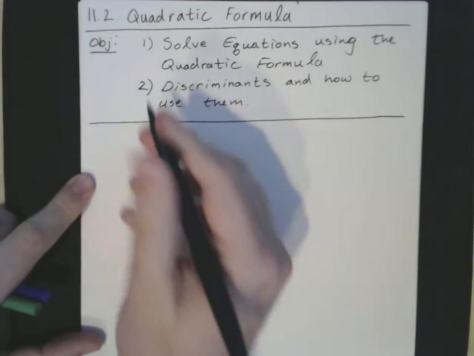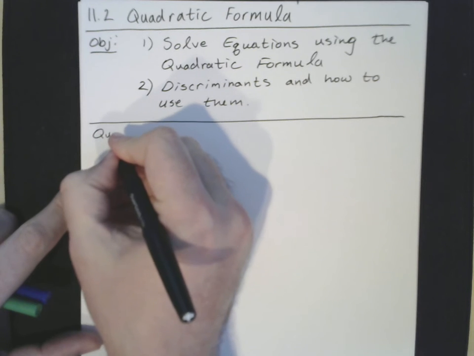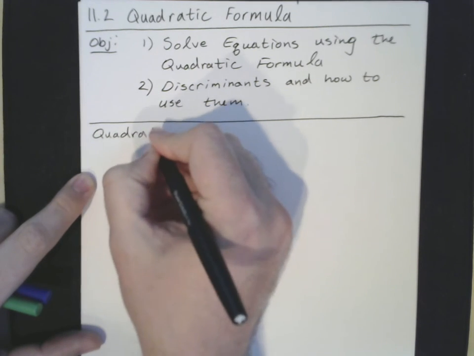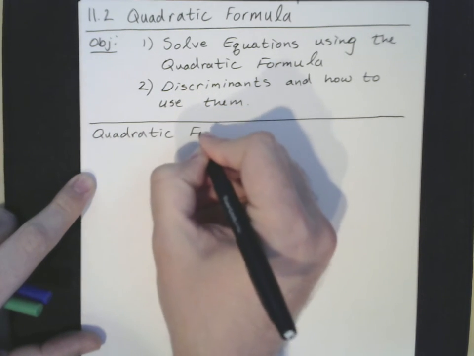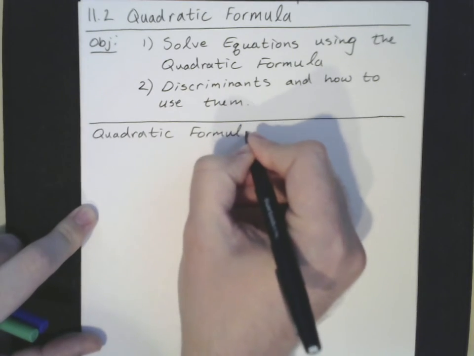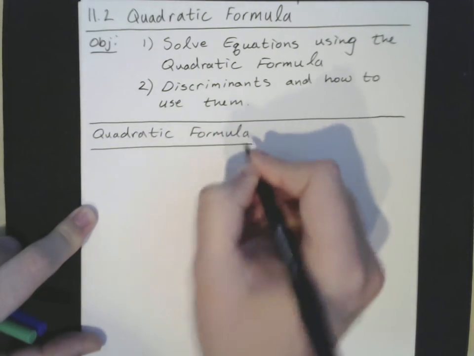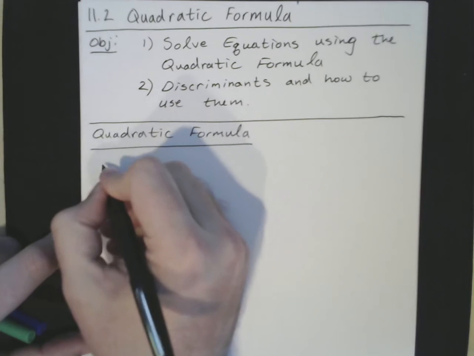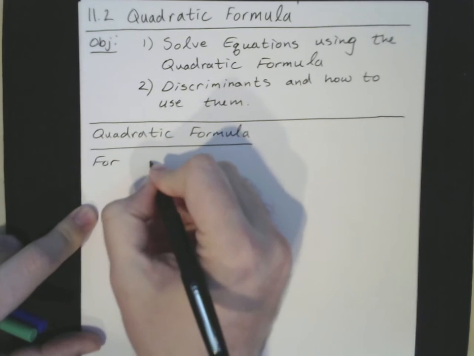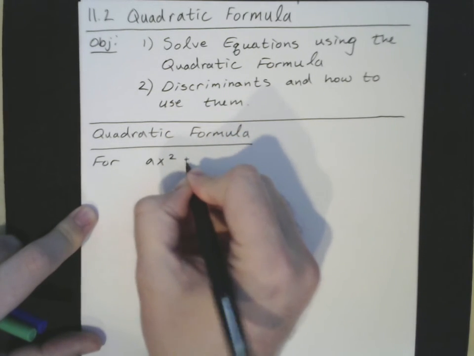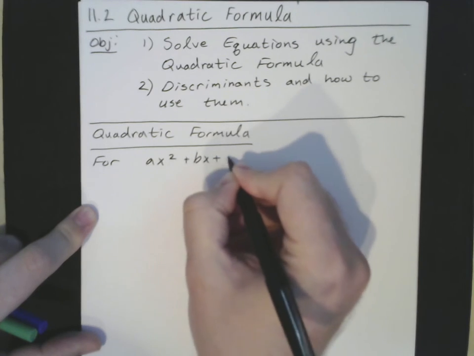So just as a little review, our quadratic formula is for the general quadratic equation ax squared plus bx plus c equals 0.